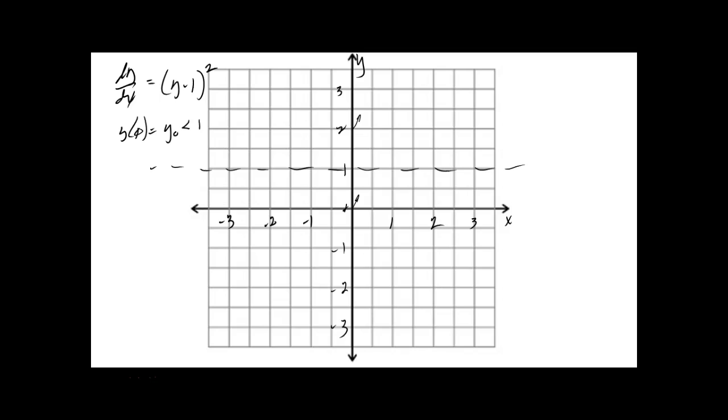So y of x approaches 1 as x approaches positive infinity. Okay, what's it saying there? As x is approaching positive infinity, you have to be going toward this 1 because it's an increasing function.